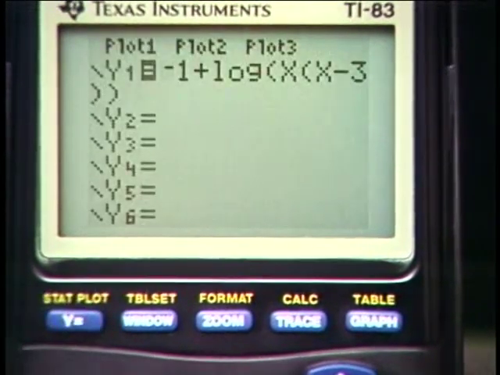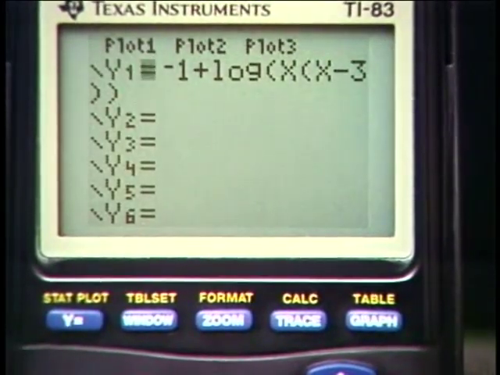Now, the original equation was, and I'm just going to deselect this for the time being, and I may select it in just a little bit, but the original equation was log x plus log (x minus 3) equals 1. So I'm going to enter it this way. I'm just going to think about the 1 going to the other side of the equation.